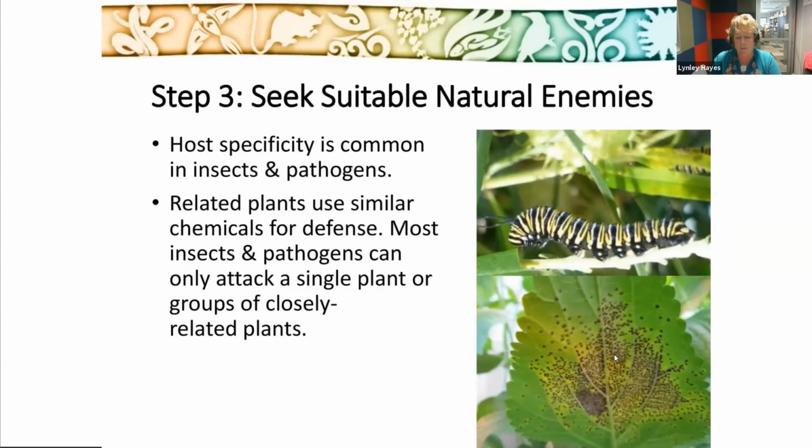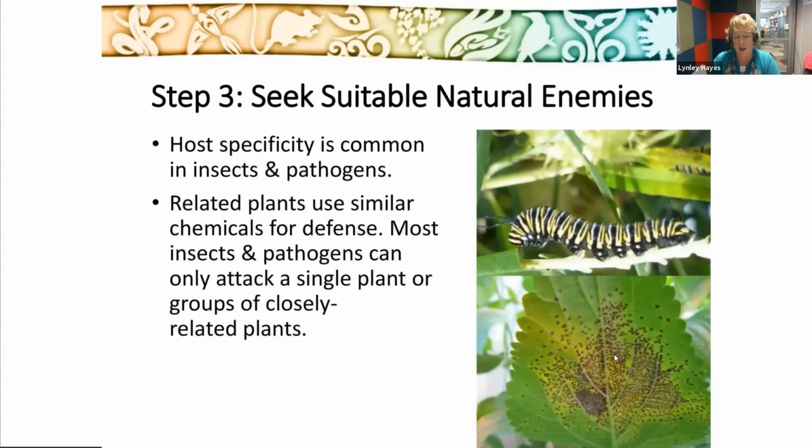So in order to be able to feed on a plant and use the chemical and not be poisoned by it, you have to be specialized, and you have to have evolved with that plant and have the correct enzymes, for example, in your digestive system, so that you can use that chemical safely and develop on that plant and not be poisoned by it.